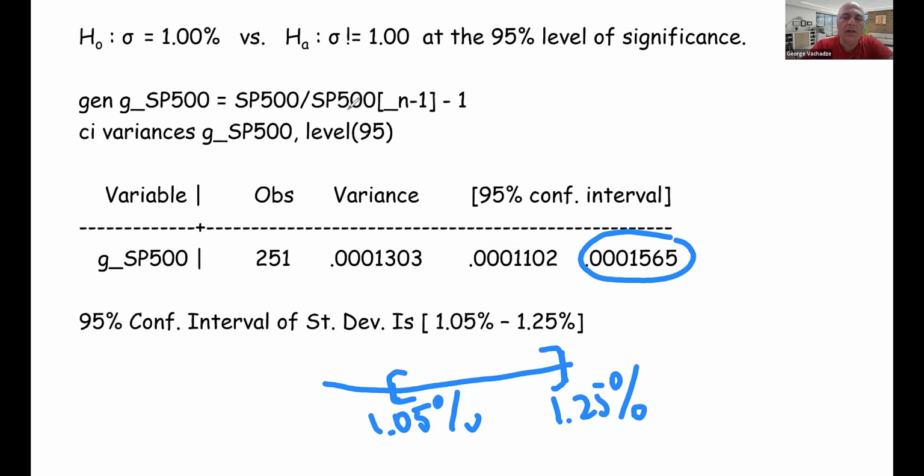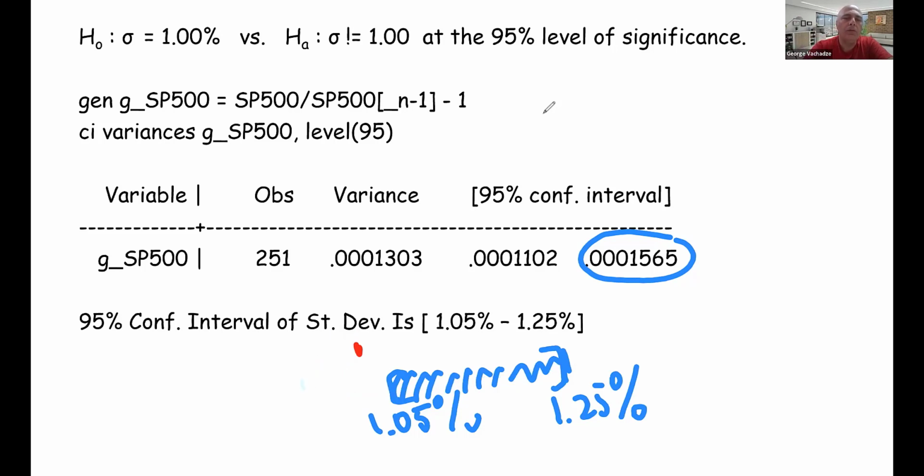So this is the 95% confidence interval, and 1% is somewhere here. So this is 1%. It would make sense to conclude that it's not possible for the standard deviation of the daily return to be 1%. That's one way to answer the question.